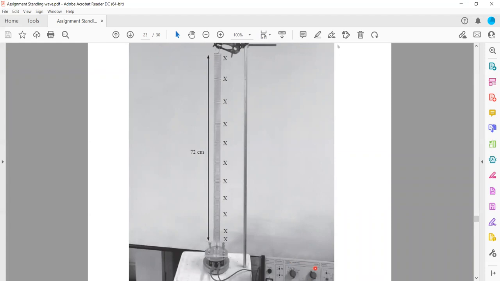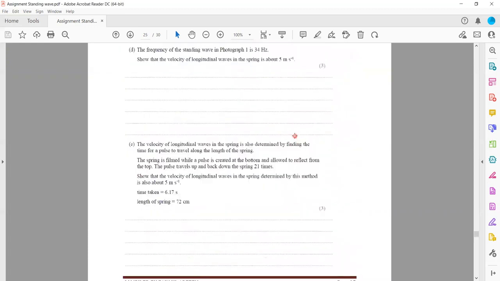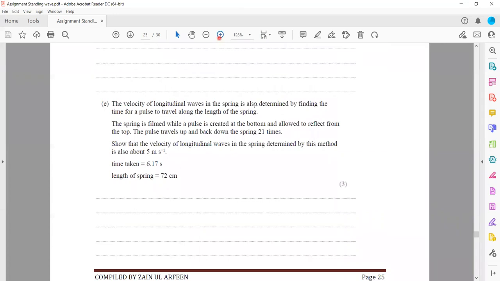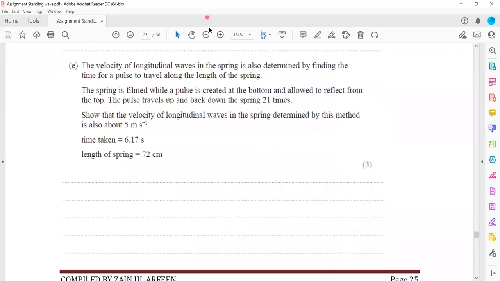And the total time is given for that duration. But whenever there's a reflection, speed is 2 multiplied by distance divided by time. So we will first find, because this is for 21 times, V equals 2D divided by T.